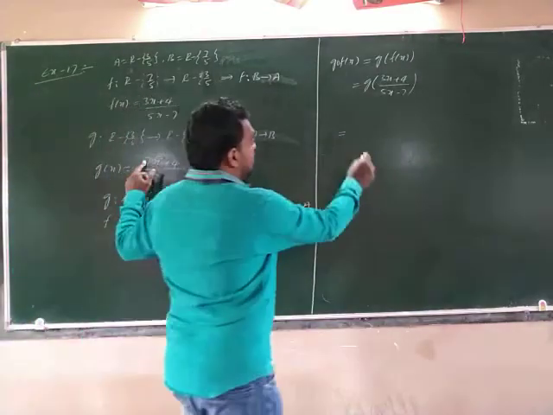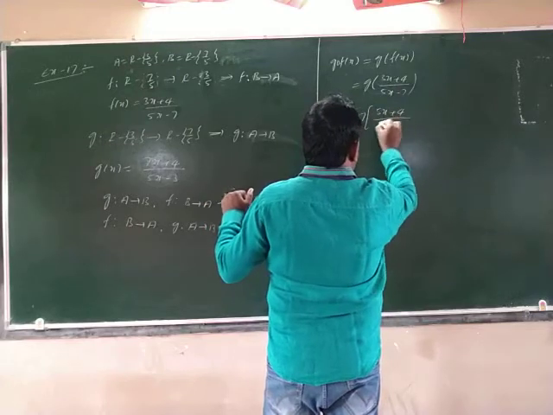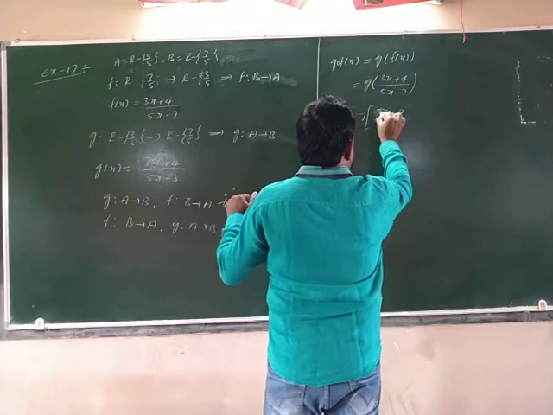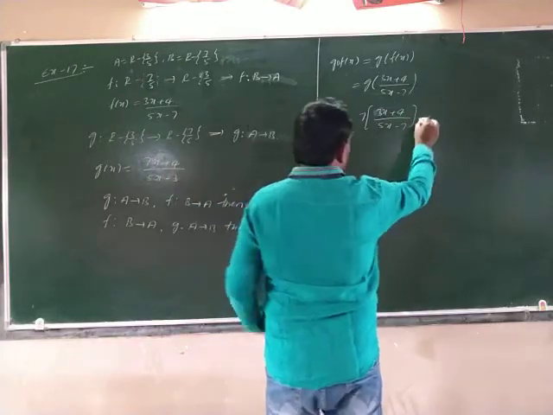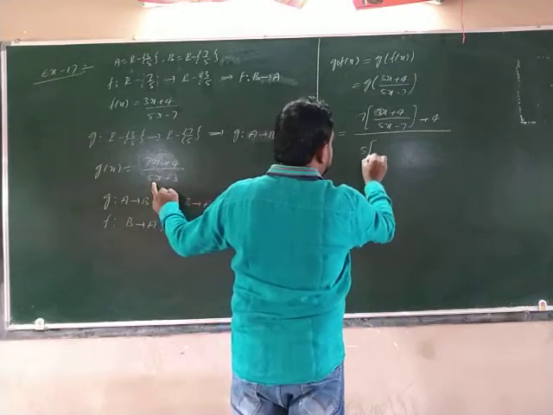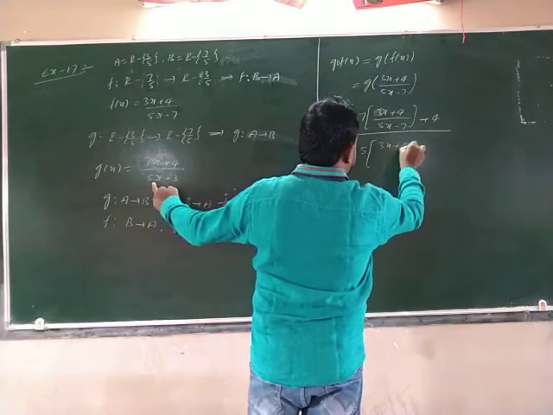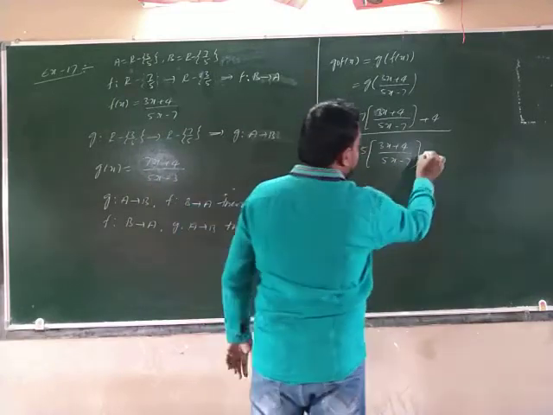So 7 into (5x plus 4)... that is, 7 times (3x plus 4)/(5x minus 7) plus 4, divided by 5 times (3x plus 4)/(5x minus 7) minus 3.